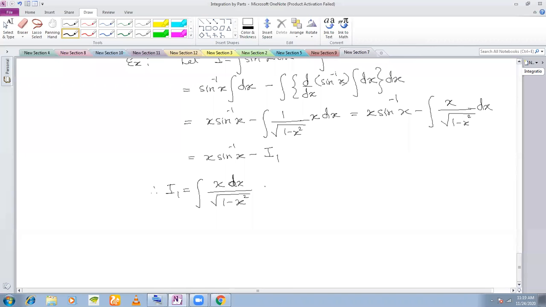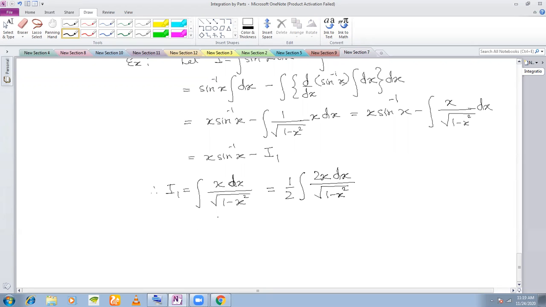Now if you want to integrate this, x dx by root 1 minus x square, you know that the derivative of 1 minus x square is minus 2x, right? So what you try to do here is take a 2x in the numerator. Write this as 2x dx by root 1 minus x square.